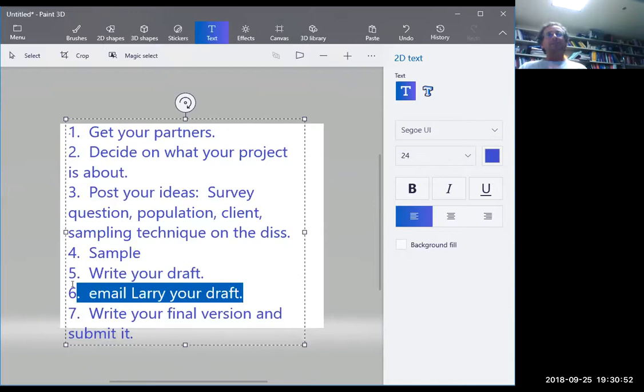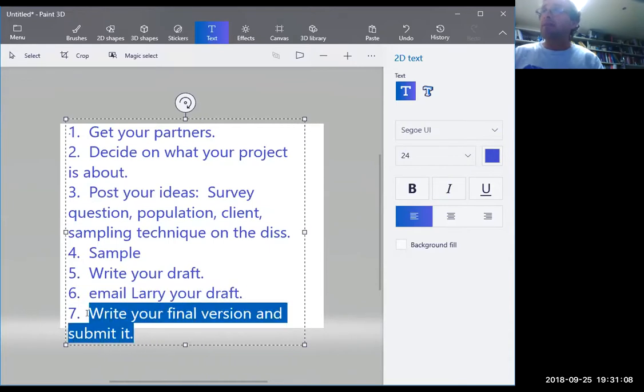I would shoot for Tuesday or Wednesday of the week before it's due. So if it's due on Sunday, submit it by Tuesday. I'll get back to you probably by Thursday, and then you'll have a few days to work it out. Again, I recommend Saturday as your deadline. Earlier is fine too, but you really want to focus on getting it done by Saturday so that you have that extra time.